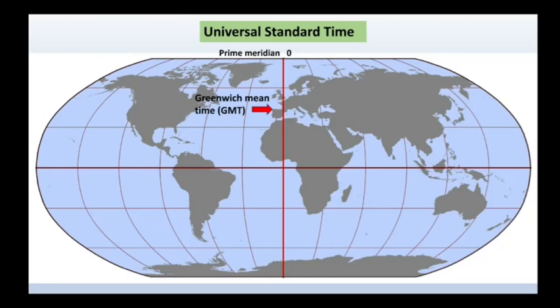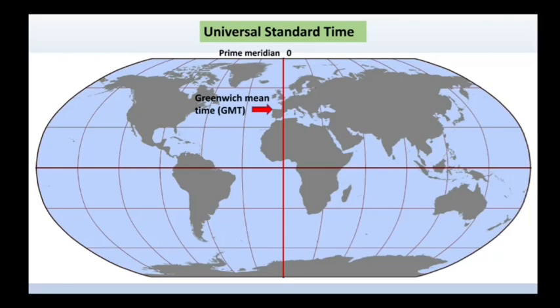The Indian Standard Time is 5 hours 30 minutes ahead of GMT. So, if it is 5 p.m. at Greenwich, then in India it would be 10:30 p.m.